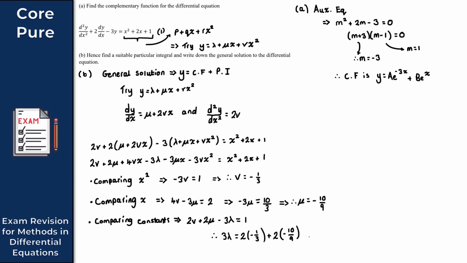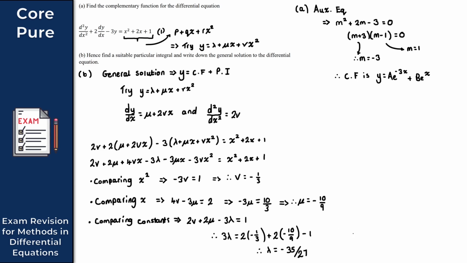If we solve for lambda, I won't go through the full working, this should hopefully be pretty straightforward at this point. What you should get for lambda is minus 35 over 27.